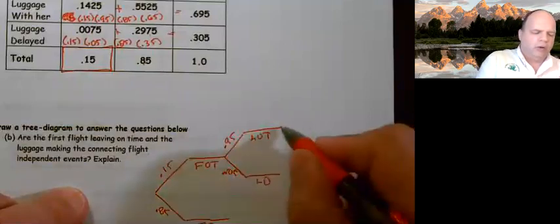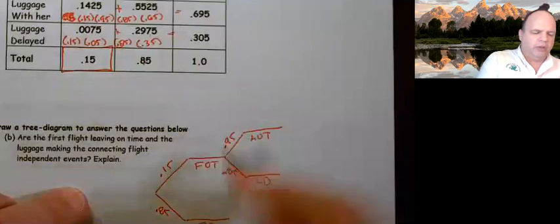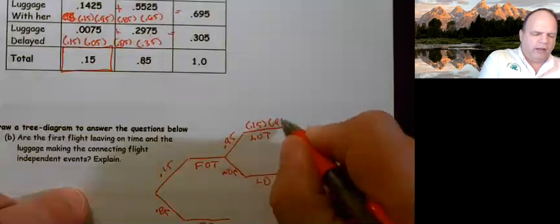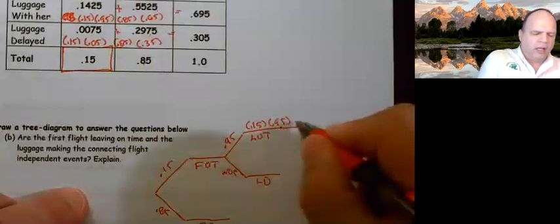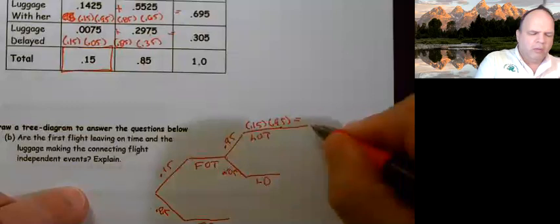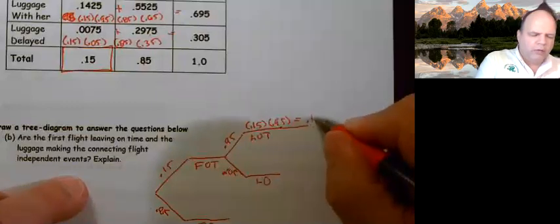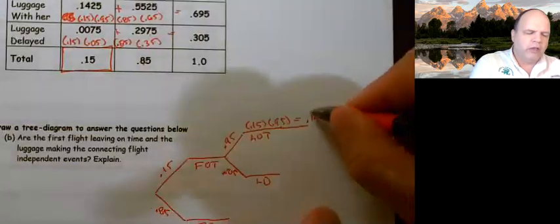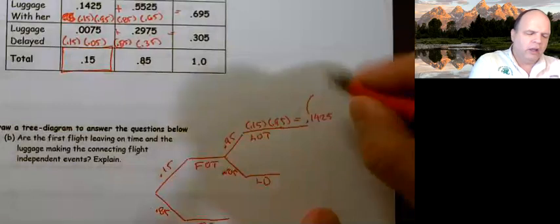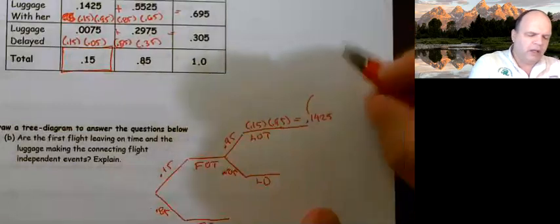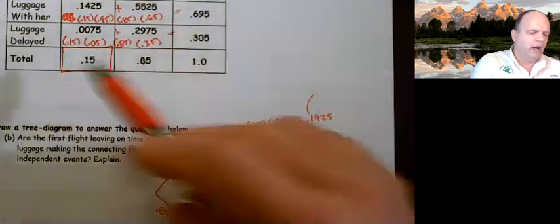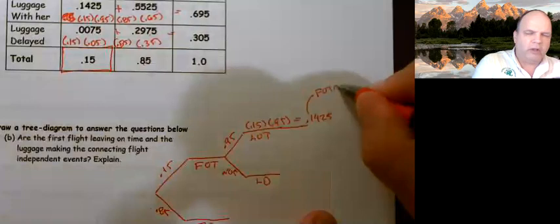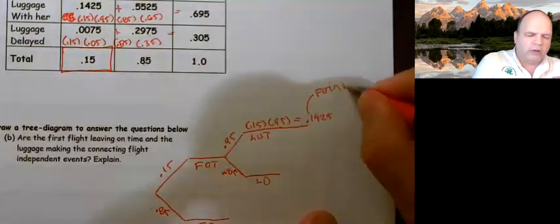So with those two numbers, this times this, 0.15 times the 0.95 equals 0.1425. Now I'm going to tell you what that represents. That is the intersection of flight on time and luggage on time. So flight on time intersect luggage on time.